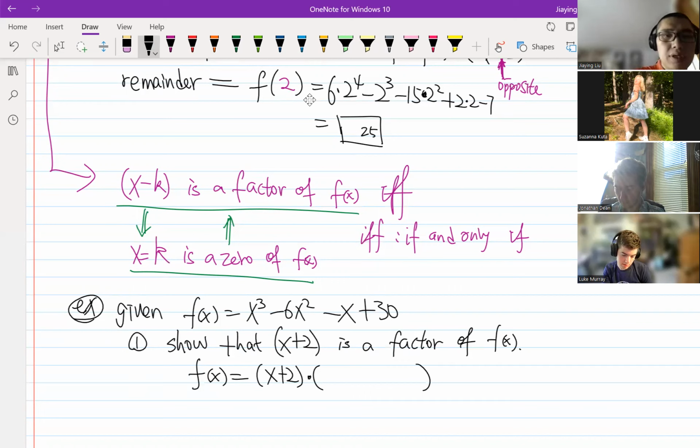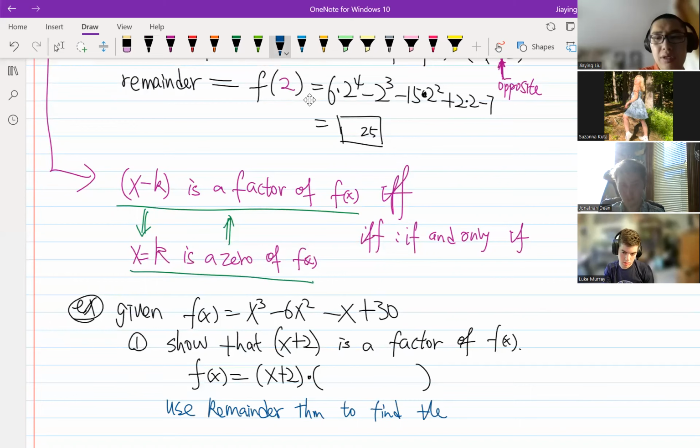So this means we can use the remainder theorem to find the remainder and to see if it's equal to 0.